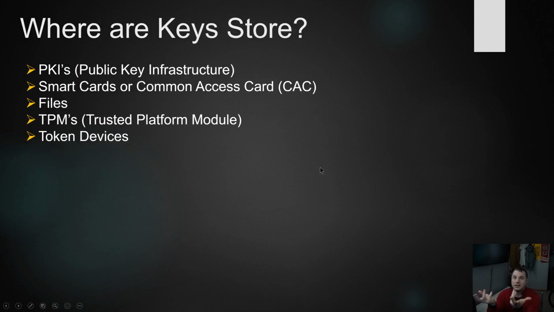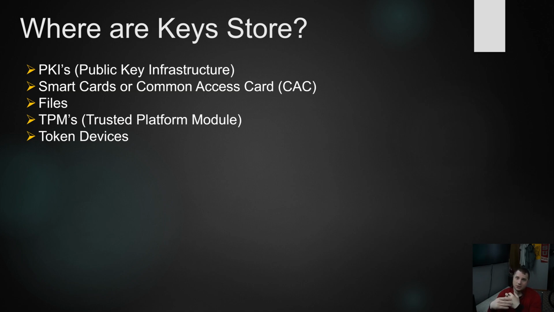So where are keys stored? As far as web developers go, or programmers in general, these are going to be on the server, some sort of file, some sort of token. If we're talking in the real world, in the physical world, well, that could be just about anything, right? That can be a smart card or a CAC card like I had in the military.